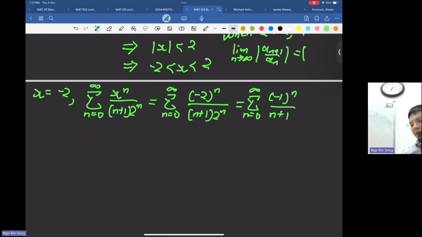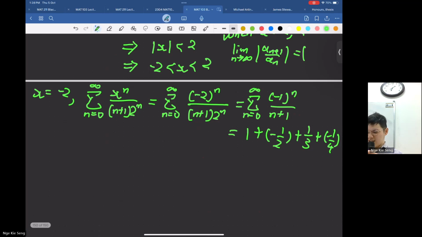If you cannot see this series, as I suggest, just write down the terms. When n equals 0, 1, 2, 3, 4, 5, what is it? When n equals 0 it is 1. When n equals 1 it is minus a half, then 1 over 3, then minus 1 over 4.